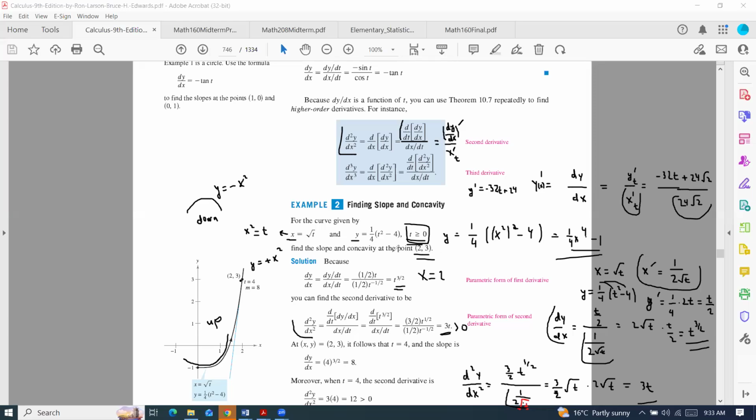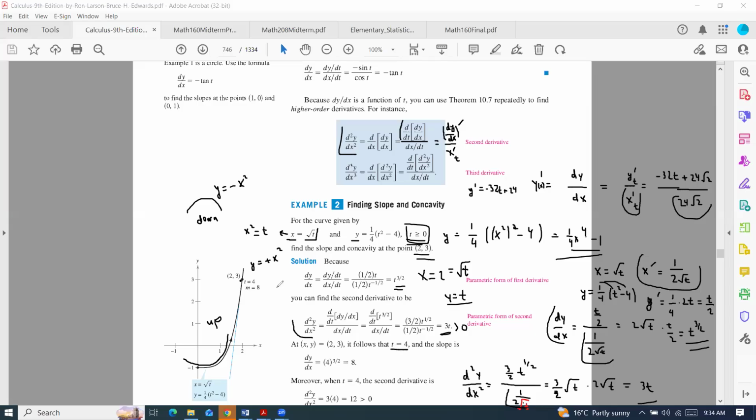So you can see when x is 2, what's the value of t? Well, that's a square root of t. So it looks like it's going to be 4, right? So when x is 2, then to find t, I just square both sides. It is 4.